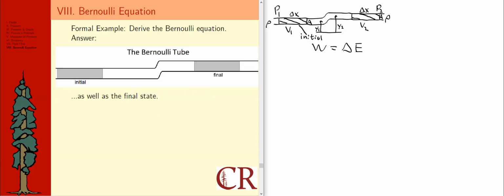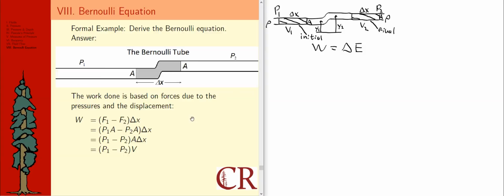So we're going to add the final state. That might not be too much of a surprise since we've already kind of drawn these two parts, that those are going to be the initial and final states that I'm going to consider in looking at W equals delta E, particularly for the delta E side. That's going to be important.